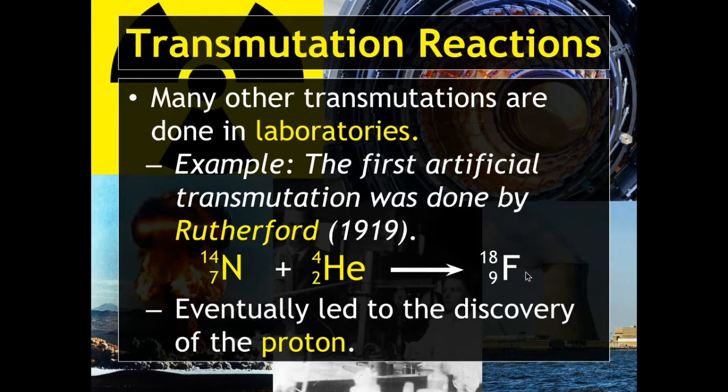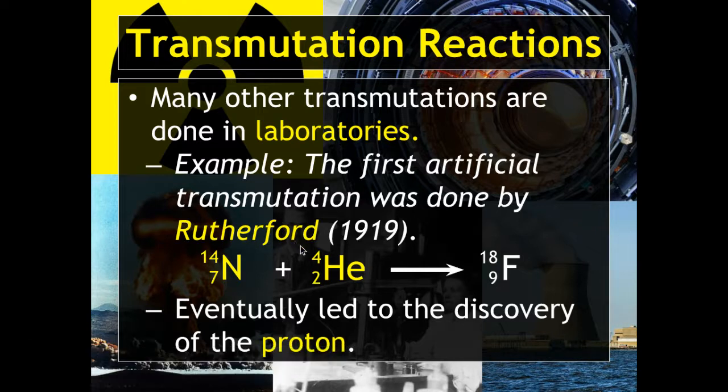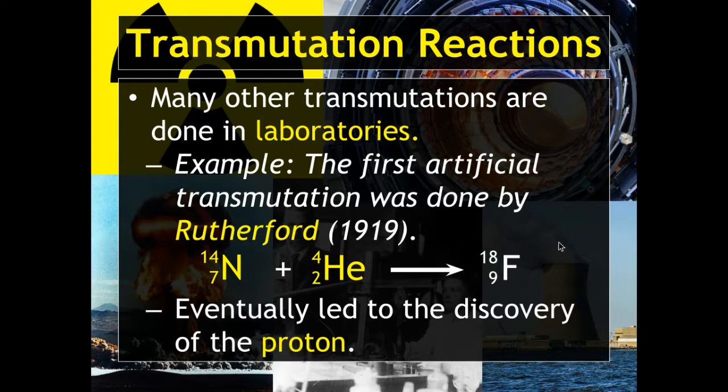He came up with fluorine. 7 atomic number plus 2 atomic number will give you the atomic number of 9. And look, the atomic masses actually work out the same way too. So nitrogen was bombarded with helium, and that nucleus accepted this helium atom, which means it transmutated into fluorine.